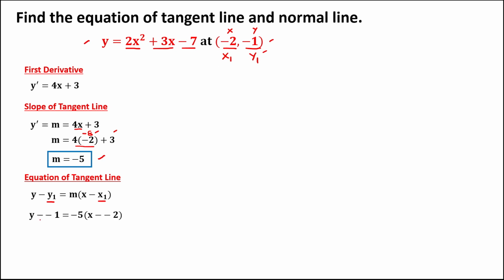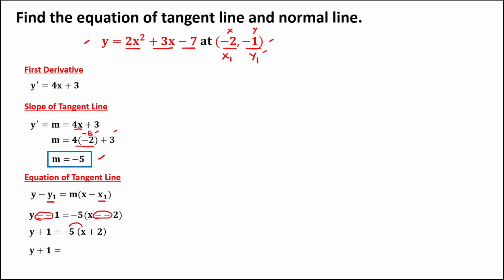To simplify, this double negative is positive, then minus 5, and this double negative is positive. Then we have y plus 1 equals, distribute this negative 5.